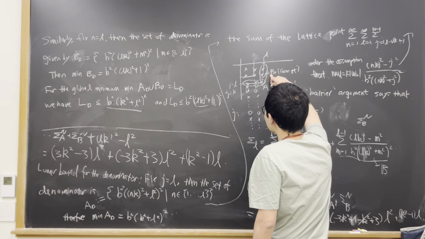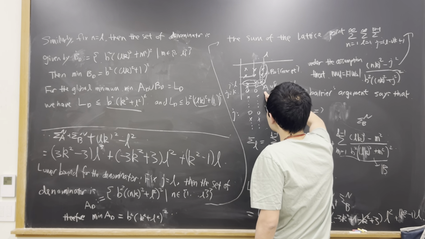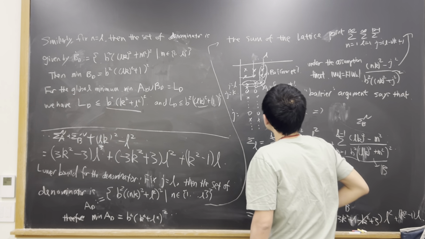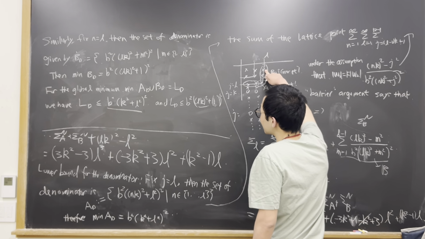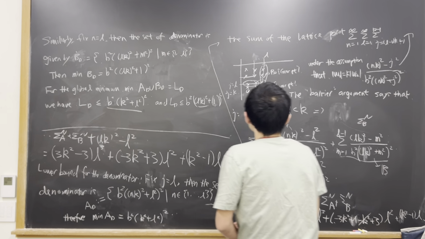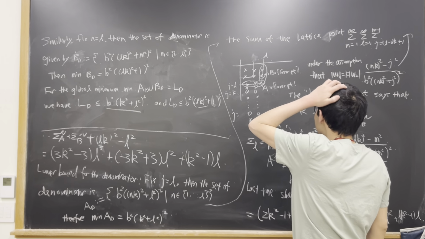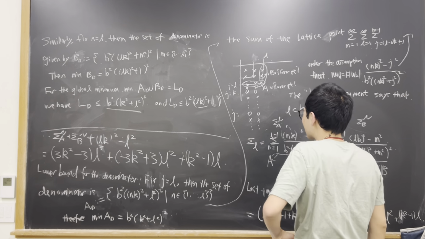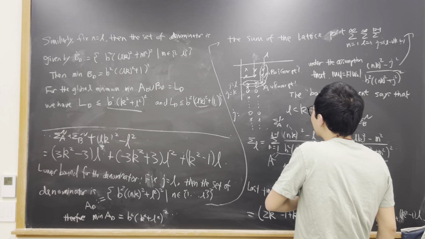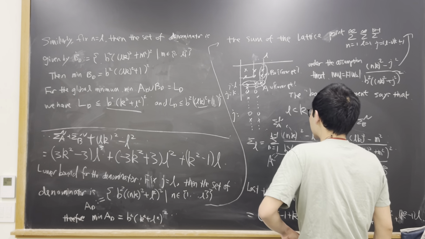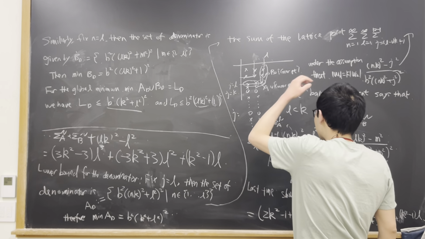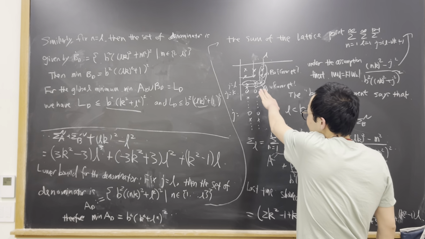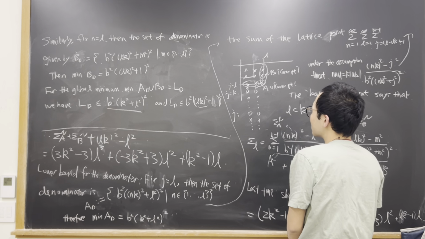If it is in the set below, then it must be less than or equal to this guy, and if it is in the set above, then it is less than or equal to this guy. So basically the smallest one among these two minimums is going to be the lower bound for this set, and also this lower bound is being achieved, right? So this shows that this is actually the minimum among these two.